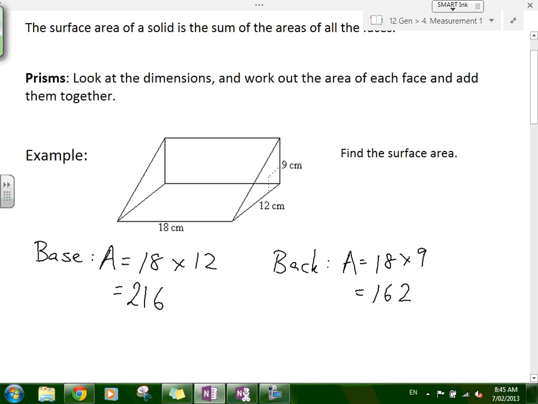Alright, and then we have the two triangles. What's the area of the two triangles? Yeah, 9 times 12. There's two of them. It'd be half times 12 times 9, but because there's two of them, it's just 9 times 12.